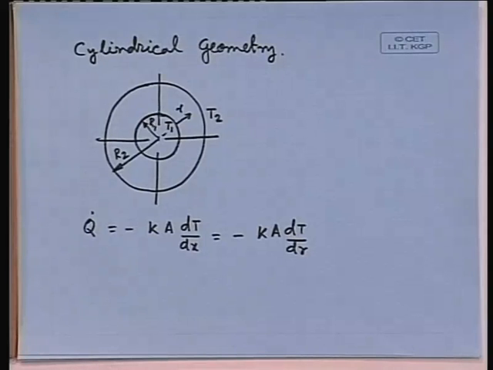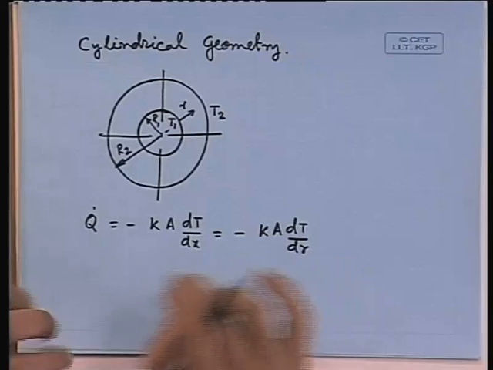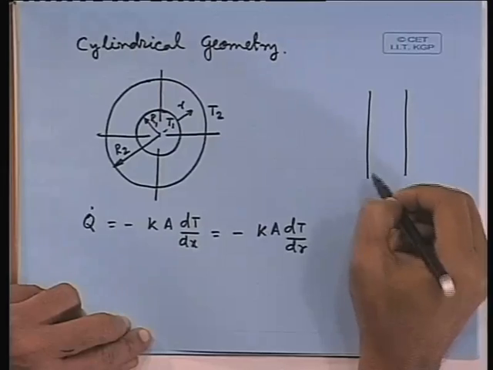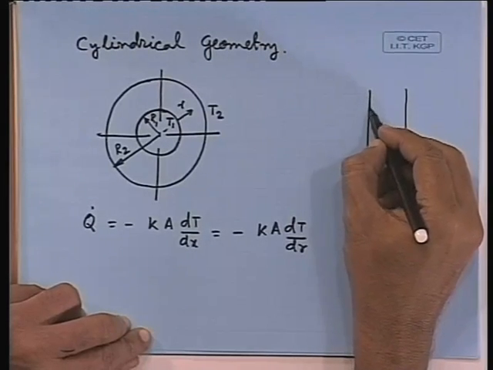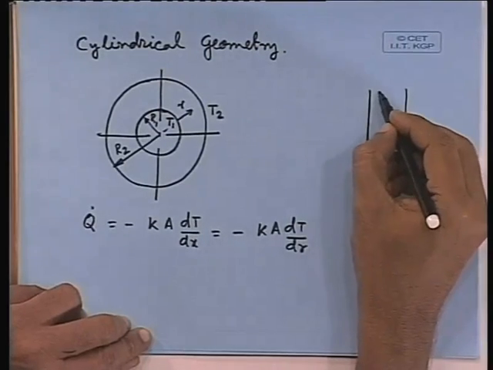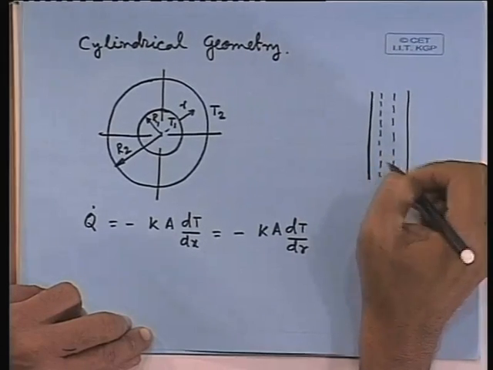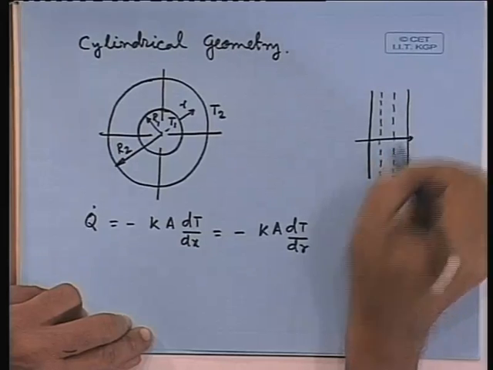So, in this case we can do the integration, but area is not constant, area is a function of radius, because what is the area through which heat is flowing? Vis-a-vis, if I have the plane wall, this is the area at the outer surface, this is the area somewhere in between, this is the area somewhere in between, and heat is flowing in this direction.